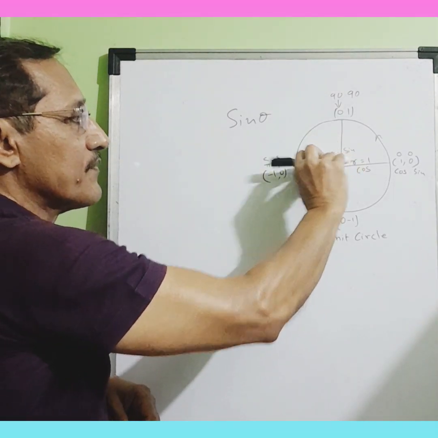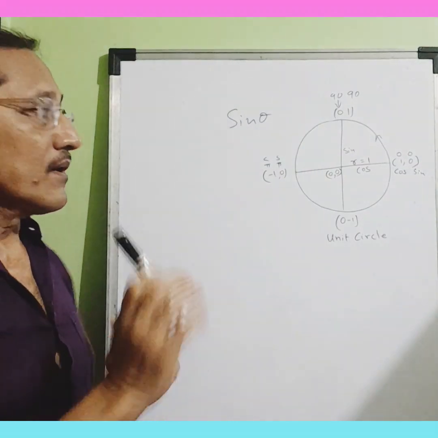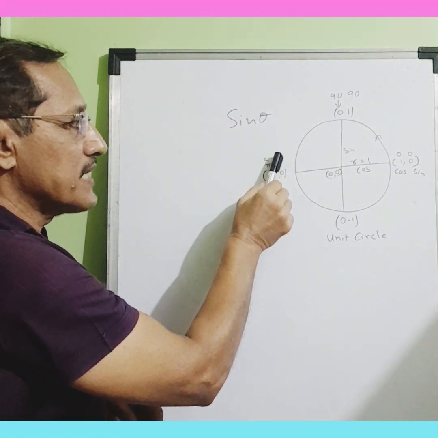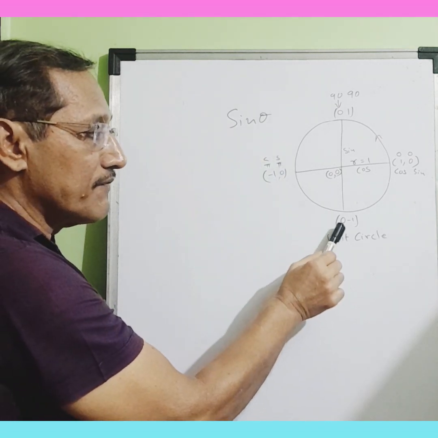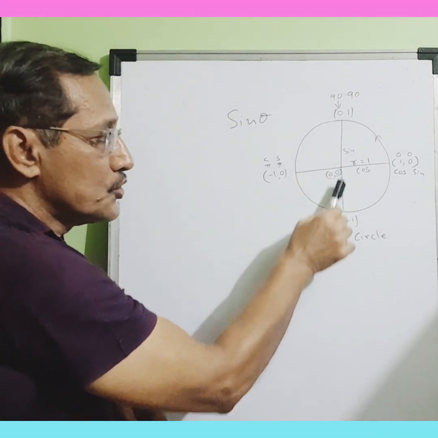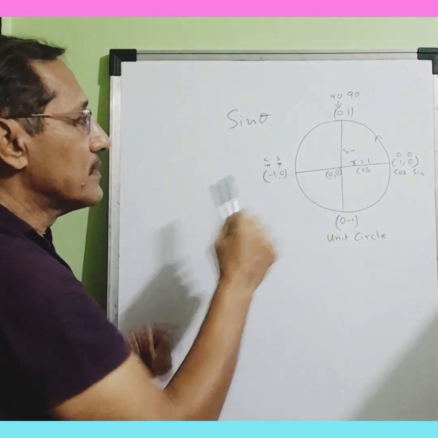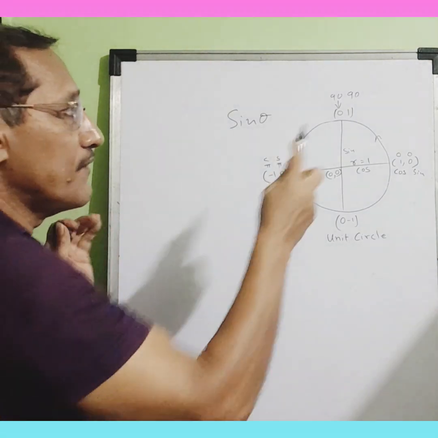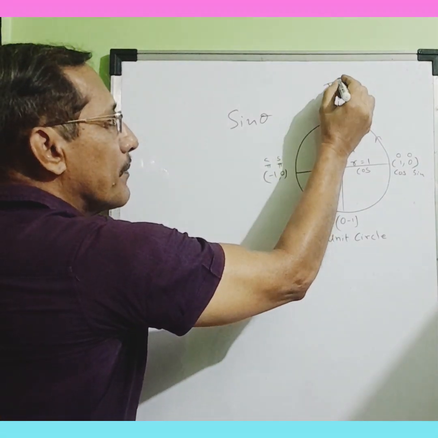When we come over here, it becomes pi. So this is the value for cos pi, minus 1, sin pi, 0. And when we come back over here, it becomes 270. Now, it's always good to talk in terms of pi by 2. So when we come here, we call it pi by 2.